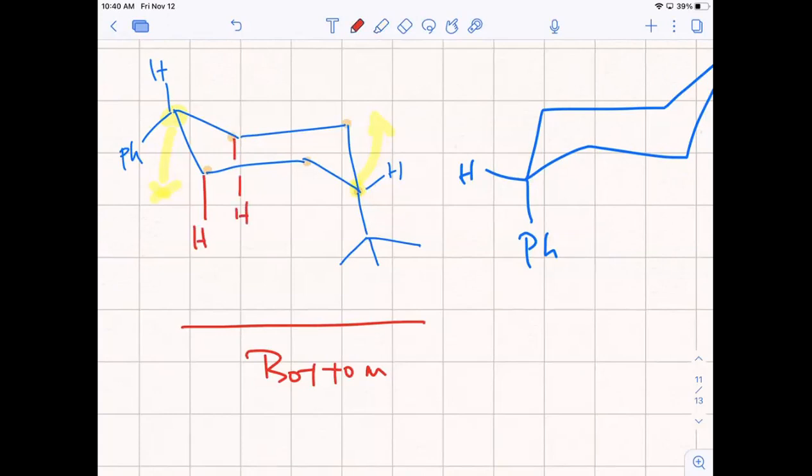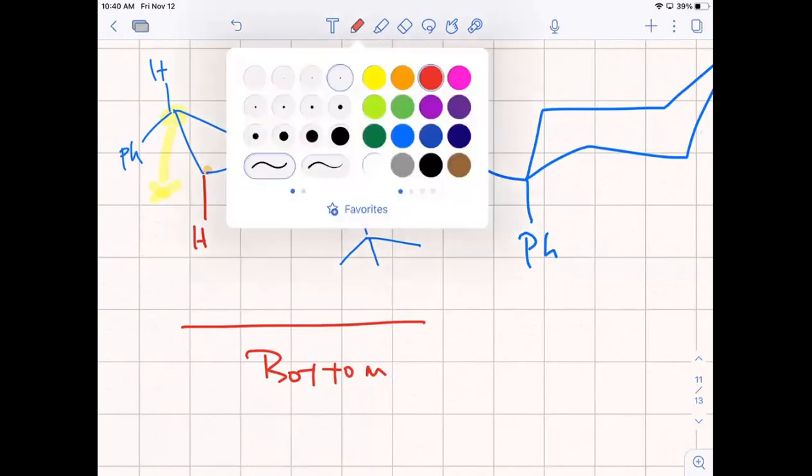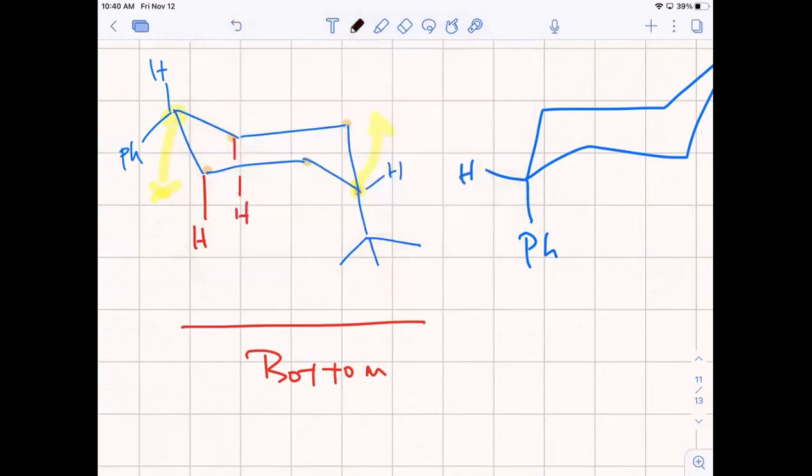Right, it's here. Because in order for it to be a 1,3 diaxial interaction, what that means is that if I start here as 1, that's 2, and that's 3 on the third carbon, that's another axial site. That's the same thing on the other side.